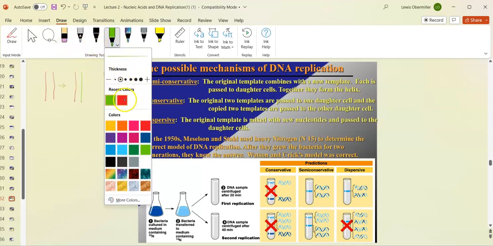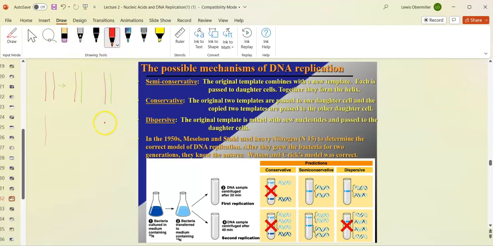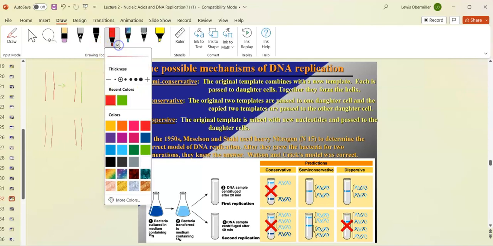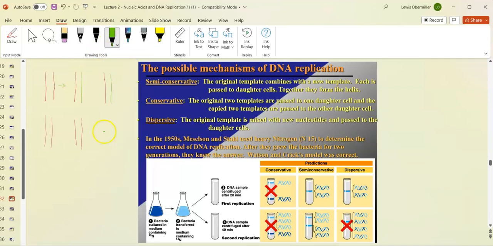The other possible way would be if the two strands came apart, and in the end, the two strands were conserved. So this is fully conserved, and then a completely new strand was being built.